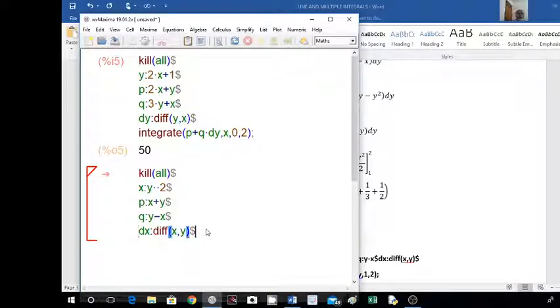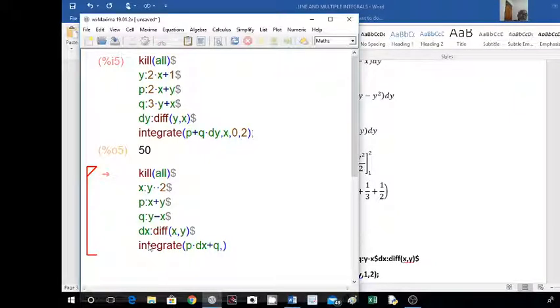Now here, how to write the integration here? I am integrating with respect to y. So with respect to y means we are changing here. Therefore this becomes p dx plus q. P dx plus q. Right? So this is integrate p star dx plus q, comma, integrating with respect to what?